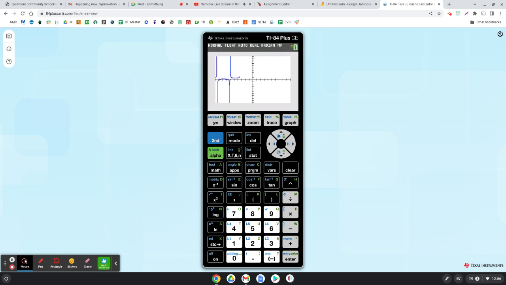It was at pi over 6, right? So I got to let this trace the graph. Now, this is where they don't really indicate to you what they want you to do. At this window, you type in what you want. So I'm typing in pi over 6 and hit enter. And it tells us that our answer is 0.5235988.